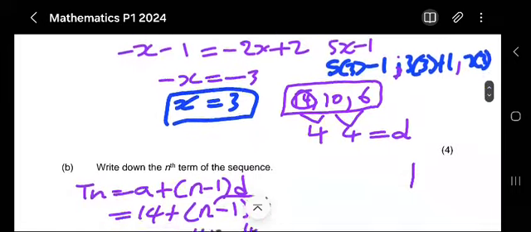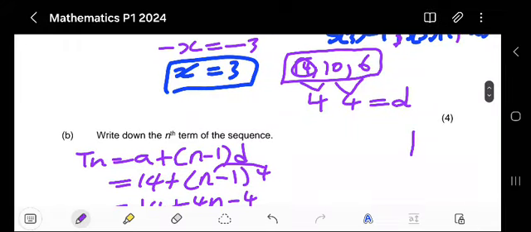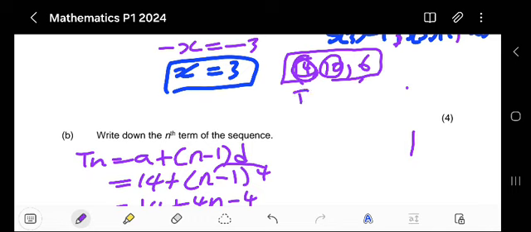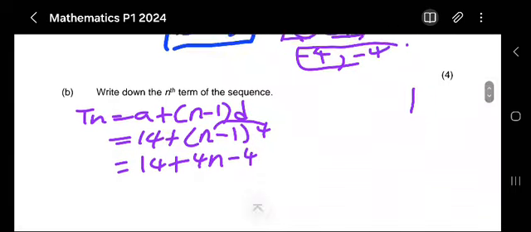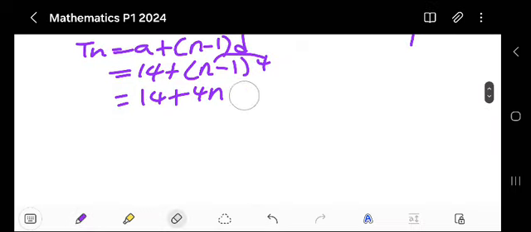Common difference is what is in this term minus this one. Yeah, I'm doing no sense now. This will be minus 4, and the common difference will be minus 4. I'm doing nonsense.